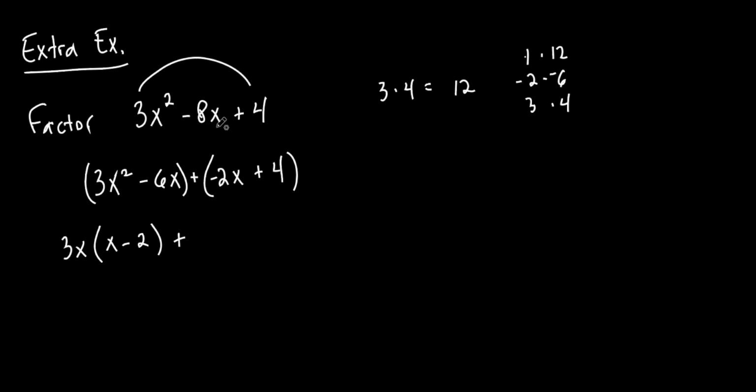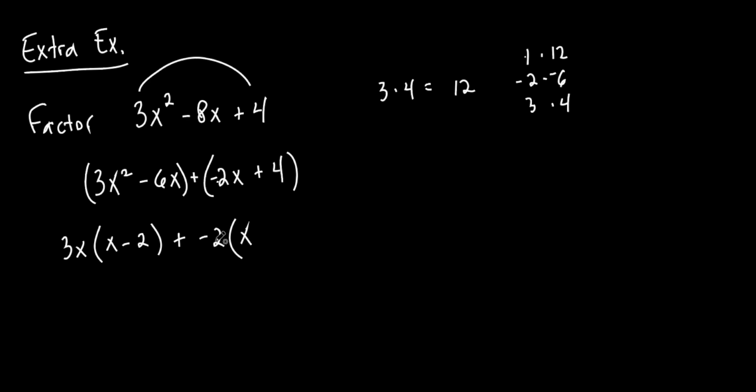Now, this is where you got to be careful also. What's in common with both of these? Negative 2 is in common. We want to factor out a negative 2 because I want this to be just x minus 2. Everybody see that? So if I factor out a negative 2 from this, I'm going to be left with the x.